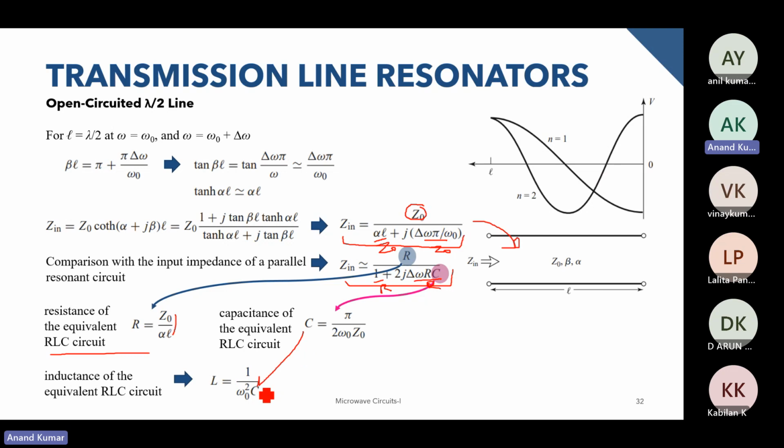From the capacitance we can find the inductance, and the unloaded Q is given by omega naught RC, which again simplifies to beta by 2 alpha, same as the previous two cases.